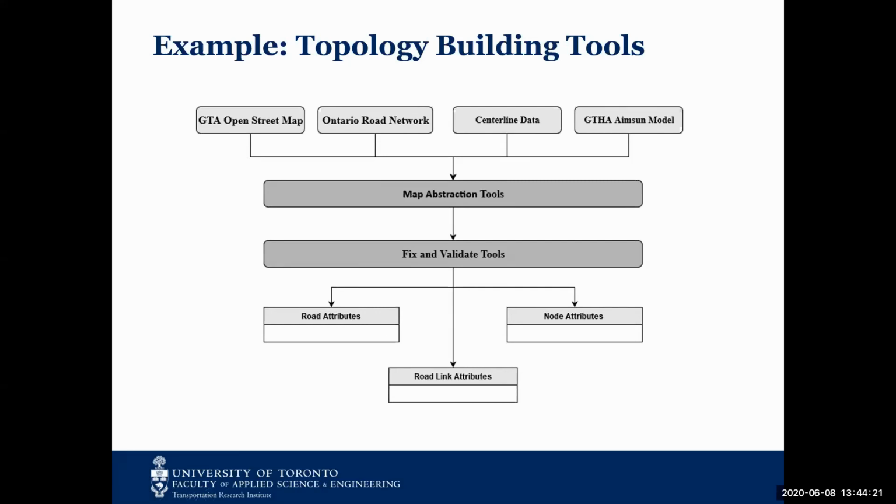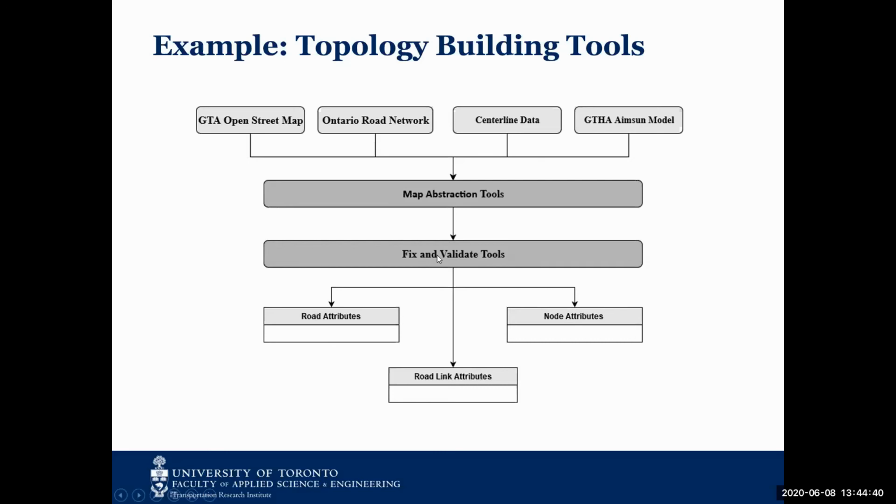So the map abstraction tool takes all these data sources together and abstracts them in one database that includes data for roads, road links, and nodes.